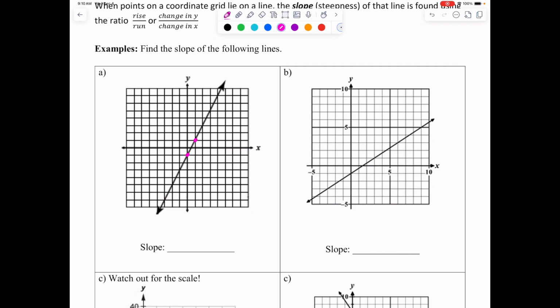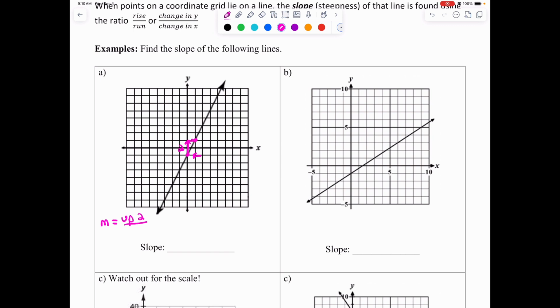Now, slope is rise over run. So we're going to come down here. We use the letter M for slope. And I'm going to say, starting at this point right here, am I going to go up or down to get to the next point? We're going to go up, specifically 2 spots. So I'm going up 2.